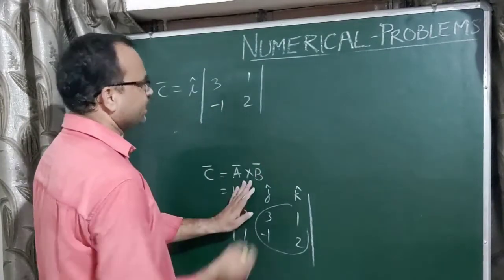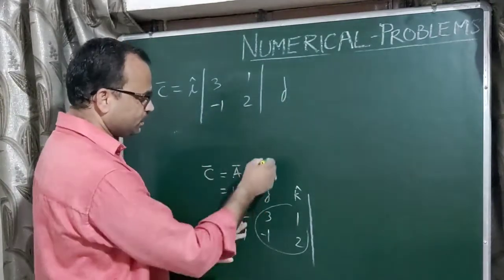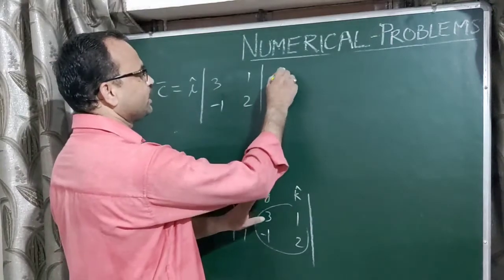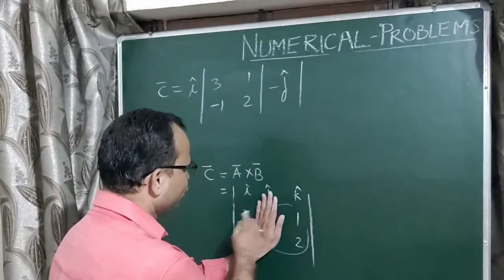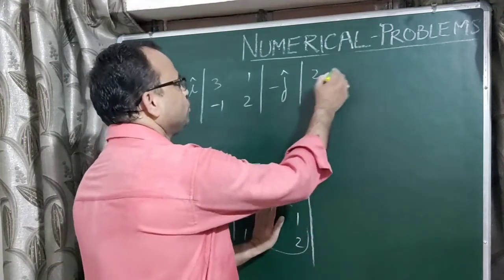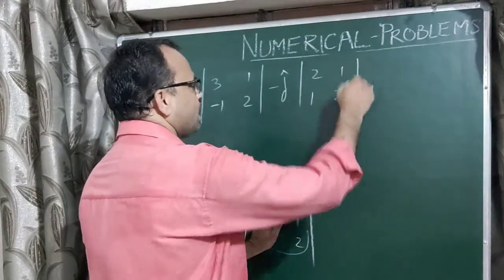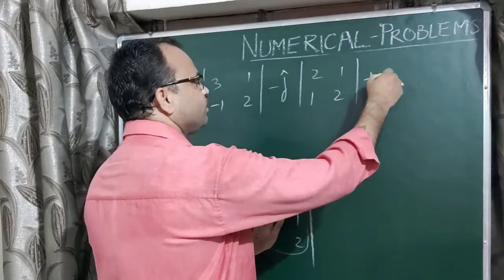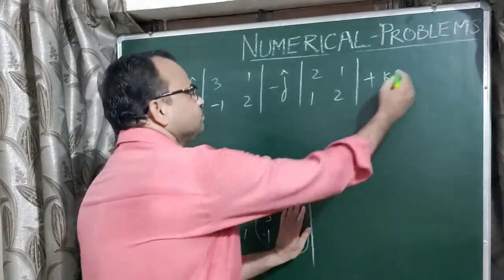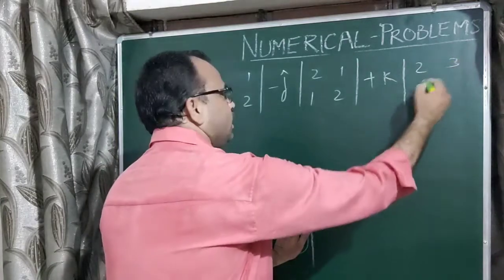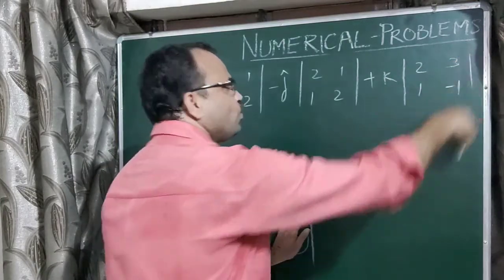Then J. As we know J is always negative, so put a negative sign with J. The remaining matrix is 2, 1, 1, 2. After that plus K, because K is always positive. Hide the K, the remaining terms are 2, 3, 1, minus 1.